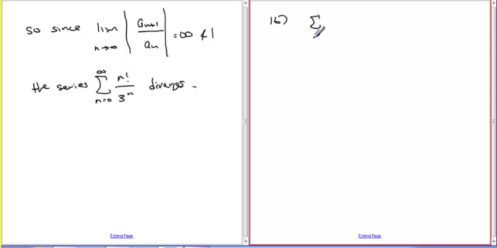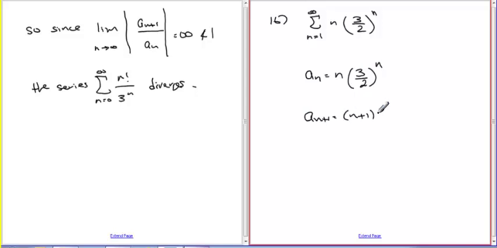So we have n times 3 halves to the n, and in this case actually it's not a ratio, it's a multiplication of two different types of functions, but we'll let a sub n be this. So a sub n plus 1 is n plus 1 times 3 halves to the n plus 1.